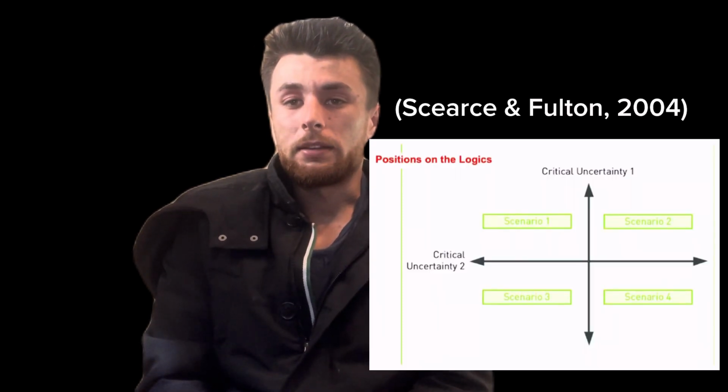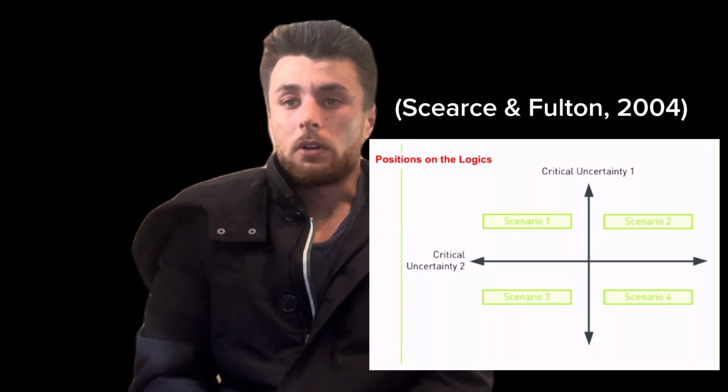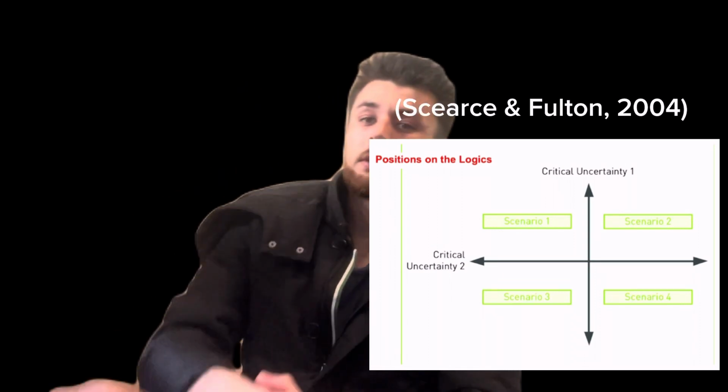So I'm now going to provide two models that I plan to use to increase my capabilities as a leader and develop my business in the future. The first one is scenario and strategic thinking. This involves two components. The first one is establishing two uncertainties, and then using a matrix to create four possible scenarios with each uncertainty playing out in a different way.